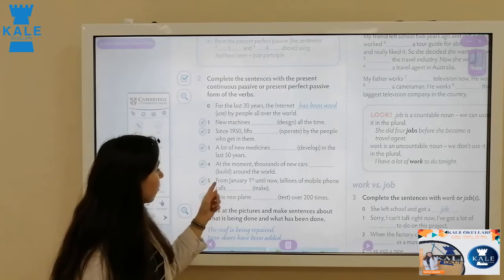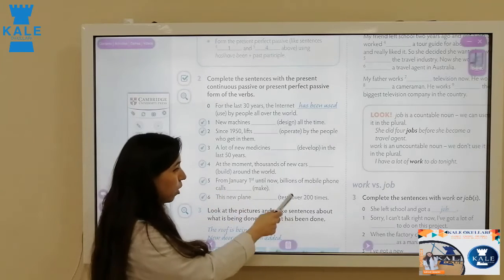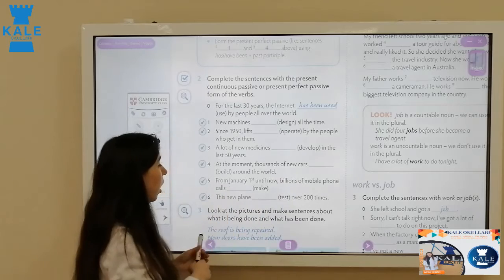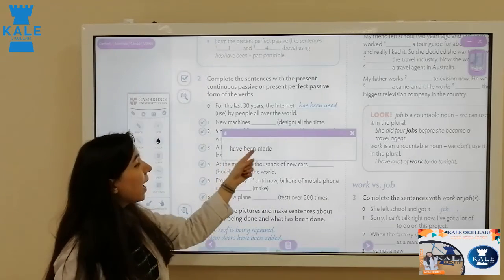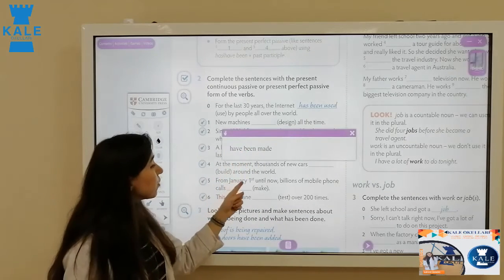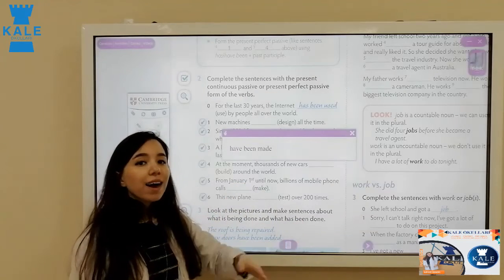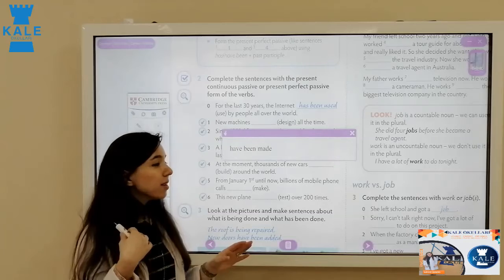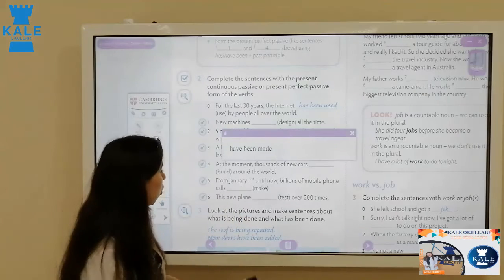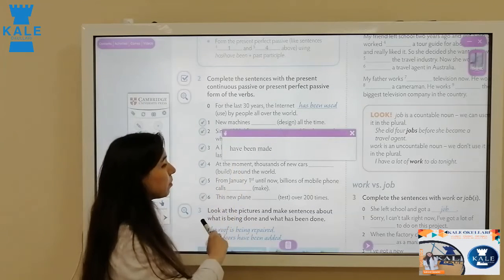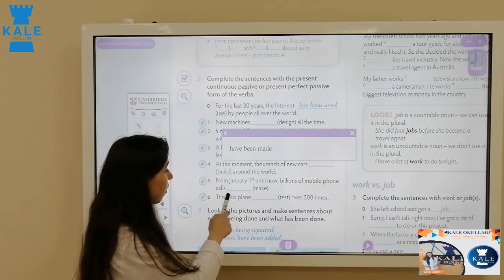And number 5. From January 1st until now, billions of mobile phone calls, what do you think, have been made, yes? From January 1st until today, and it's not finishing. Something started in the past, but it's not finished. So we need to write have been made. Present perfect simple. Why?